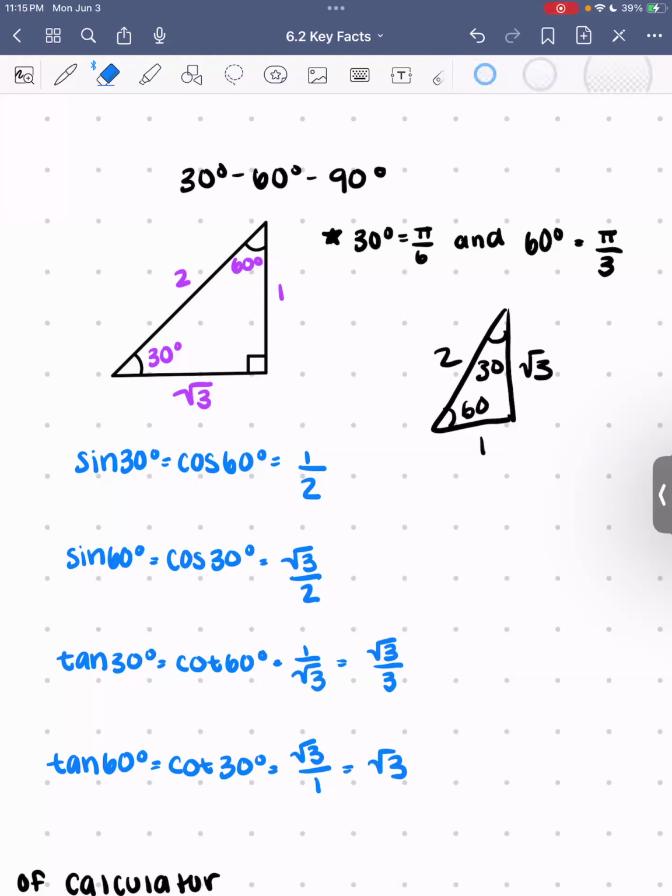So basically, the 1 is always adjacent to the 60 degree, the 30 degree always has an adjacent square root 3 side, and 2 is always the hypotenuse. You can kind of see that here. Square root 3 is always adjacent to the 30 degree, and the 1 is always adjacent to the 60 degree.